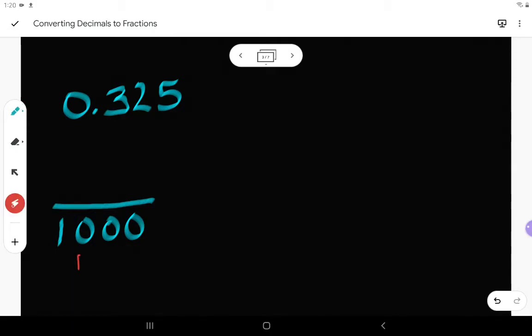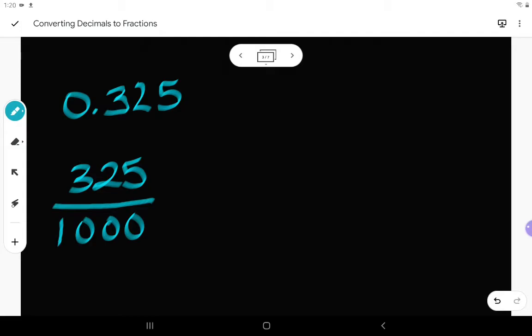My first 0 matches with the 3, my second 0 matches with the 2, and my third 0 matches with the third number. So I've got 3 zeros following the 1, and I simply put that 325 on top. My numerator is 325 and my denominator is 1000.